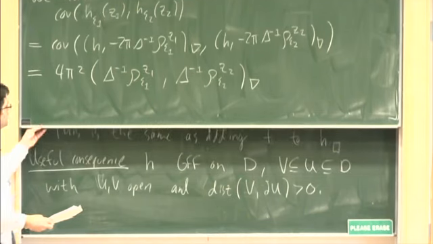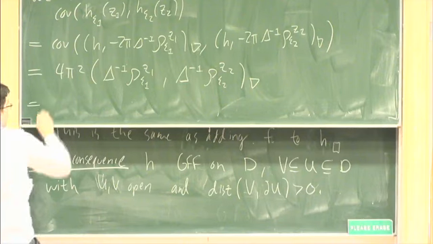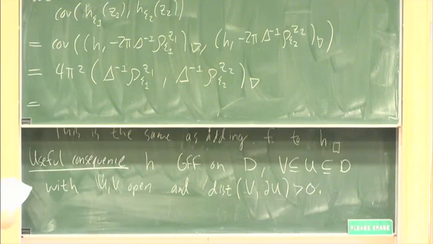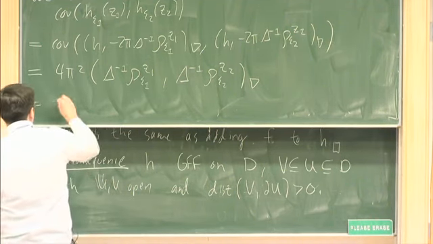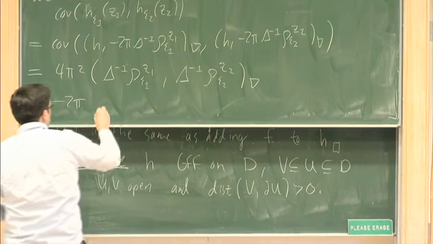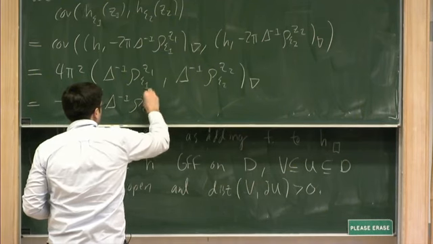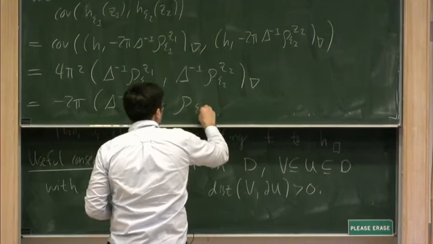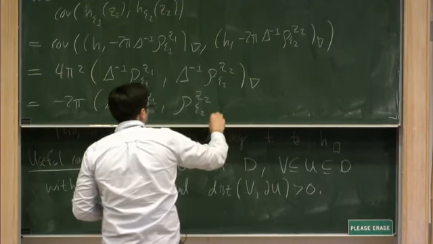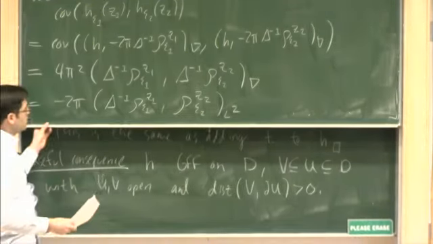And once you've got it to this point, you do the same thing that we did repeatedly before, and that's that you perform an integration by parts to kill one of these Laplacians. So this you can write as minus 2 pi times the inverse Laplacian of rho epsilon 1 z1 integrated against, in the L2 sense, rho epsilon 2 z2. Sorry, this L2 inner product.